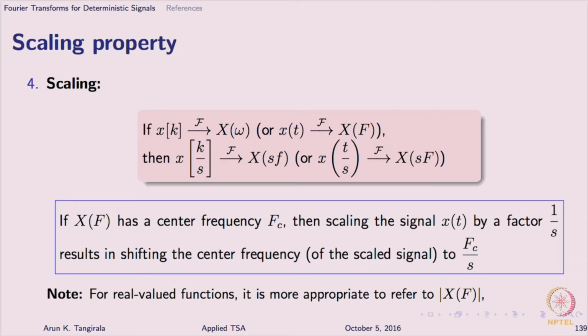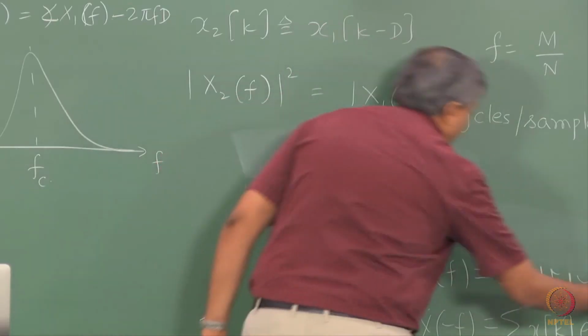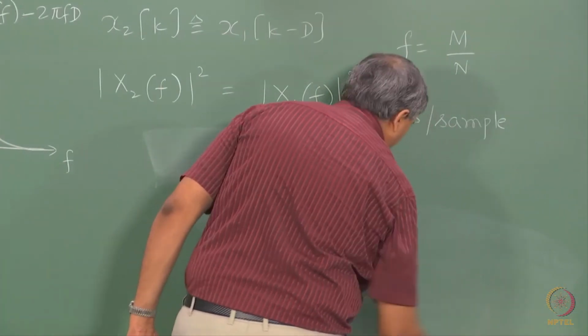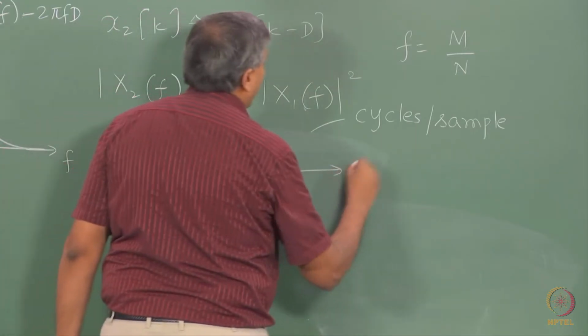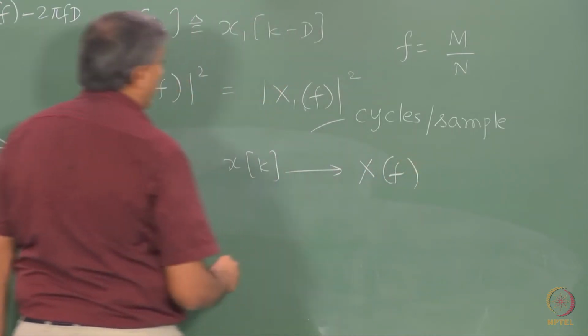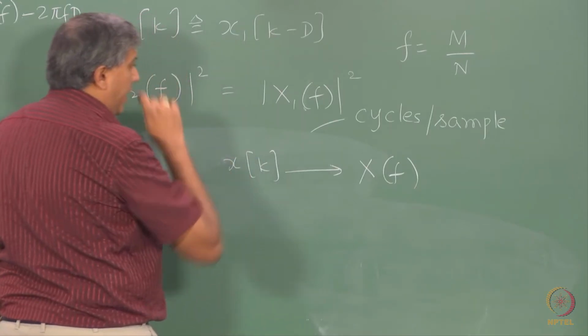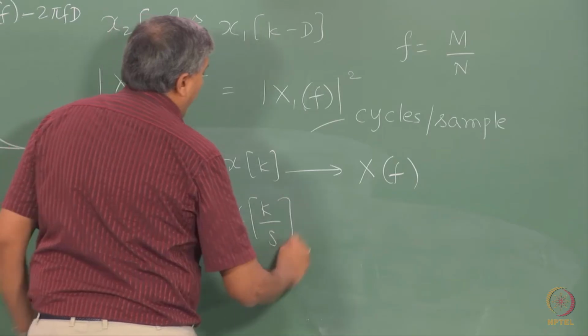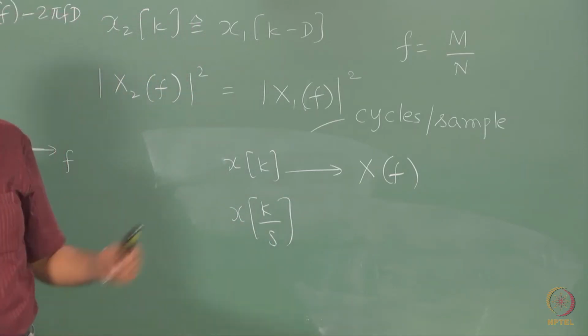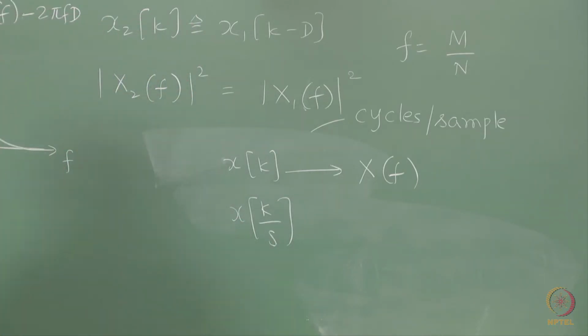Let me ask you a simple question here now. If I have x of k whose Fourier transform is x of f, let us say, all right. I have used a big F, I will correct that. And now we are looking at the Fourier transform of the scaled signal, and here scaling is in time.